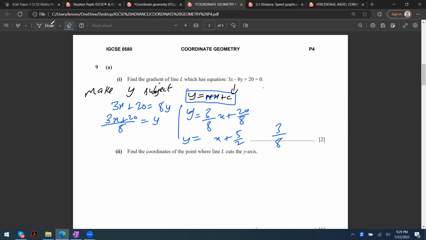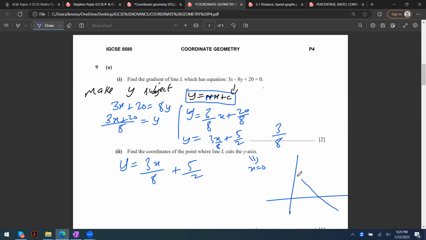Find the coordinates of the point where the line cuts the y-axis. We already have the line equation now: 3x over 8 plus 5 over 2. Where the line cuts the y-axis, x is equal to 0. Any line where it cuts the y-axis, the x value is always 0. So you just put x equal to 0.